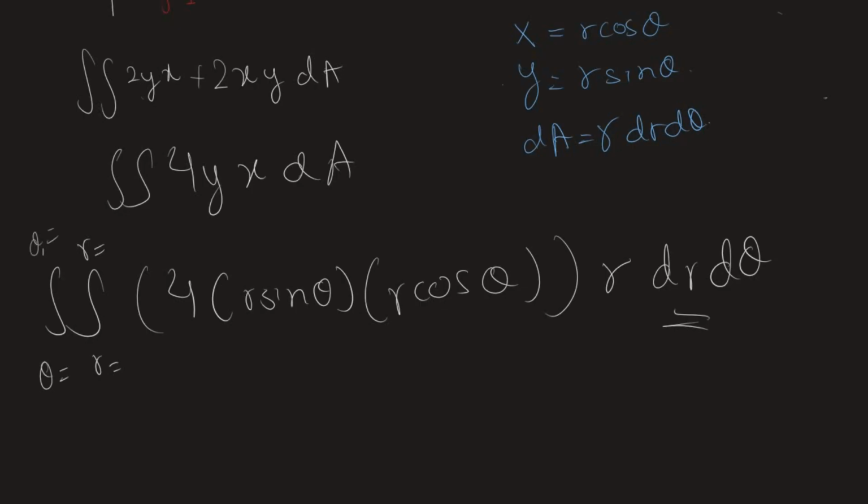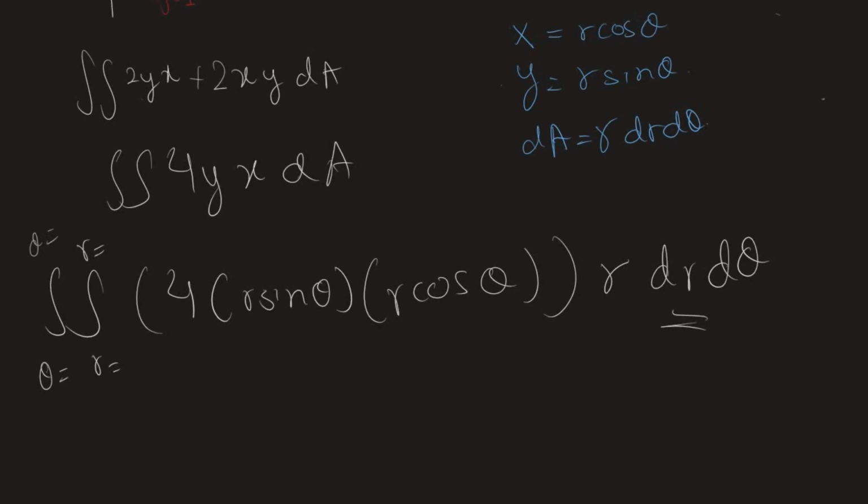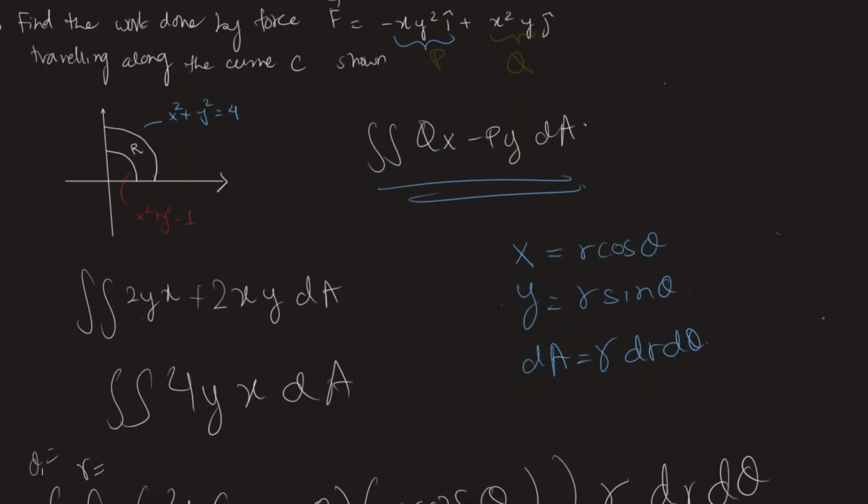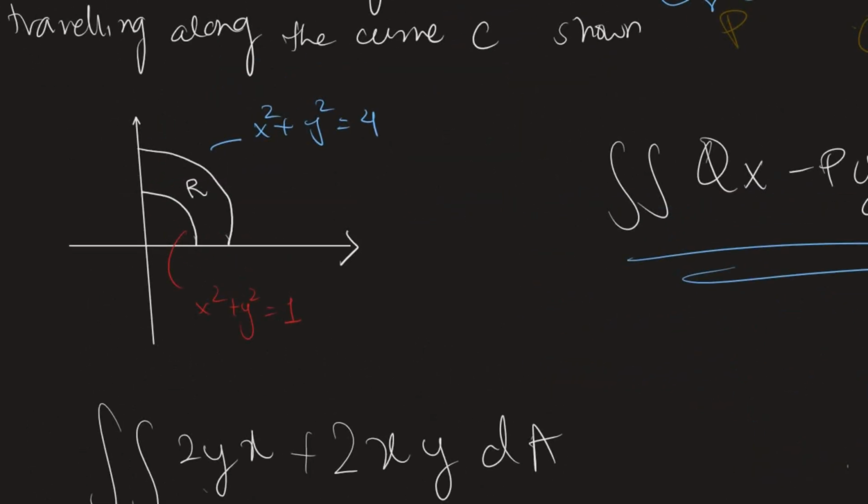So now let's find the limits of integration. For this you need to look at the region. This inside thing that you see over here is starting from this circle and going to this circle. So the lower limit for r is going to be r equals 1 because the radius of this circle is 1, the equation of the circle is given.